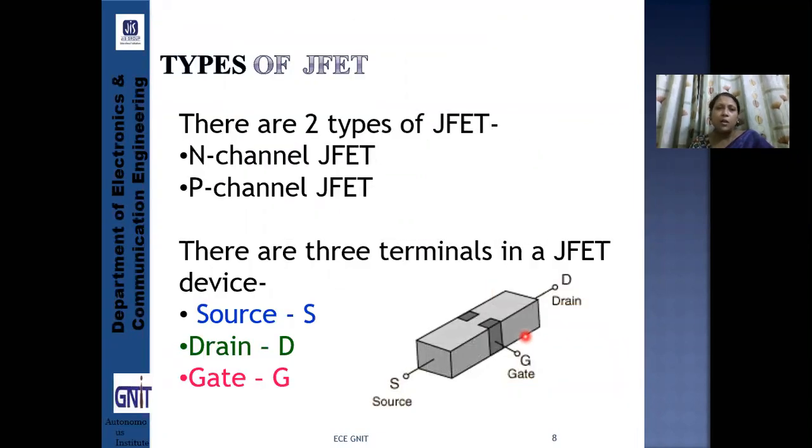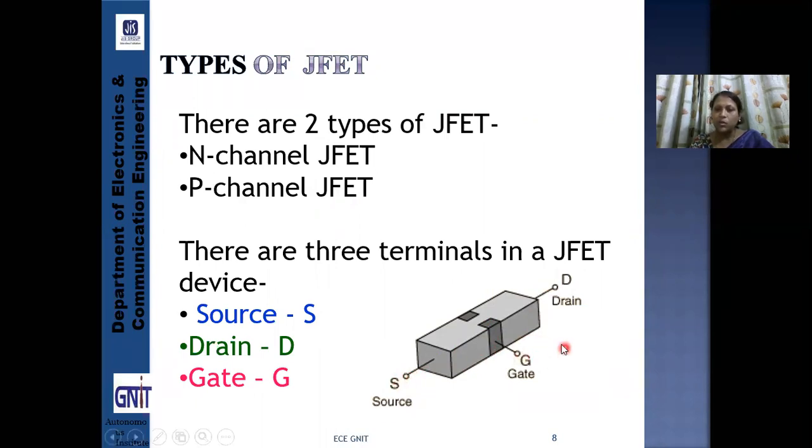So, we found that there are two types of JFET, that is N-channel JFET and P-channel JFET. There are three terminals in a JFET, as shown in this block diagram: source, drain, and the middle one, gate.